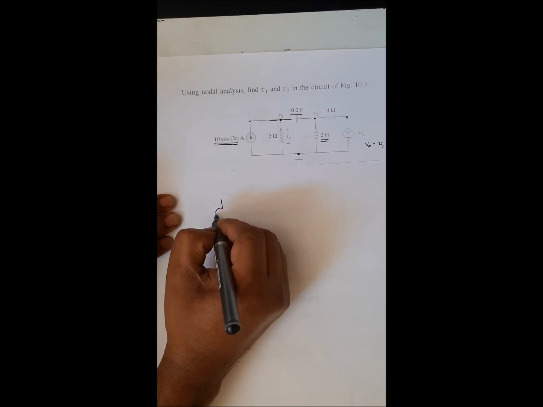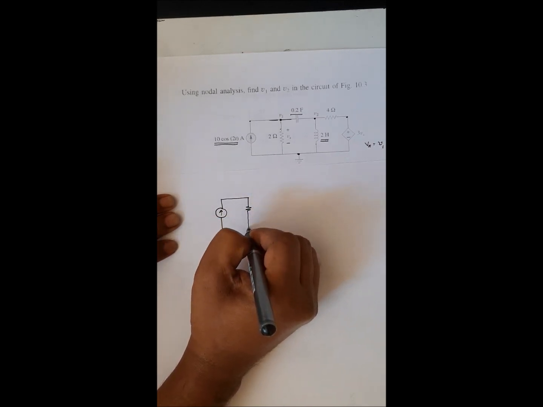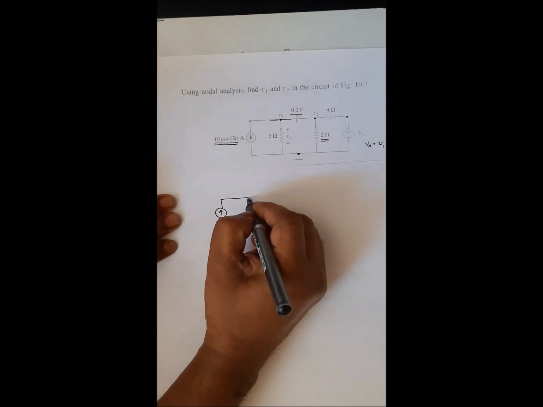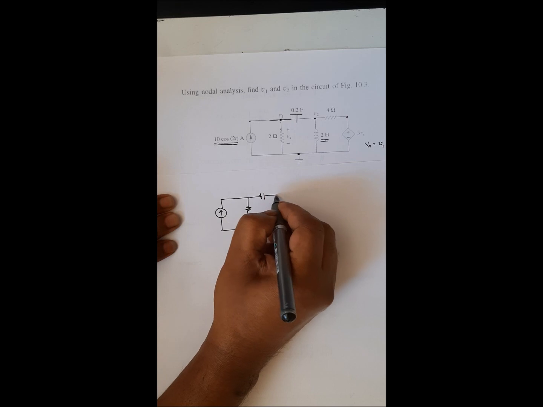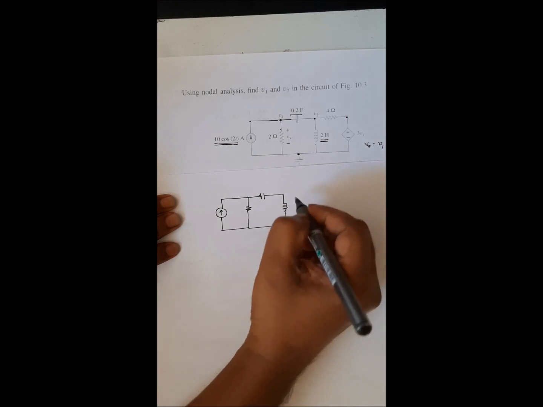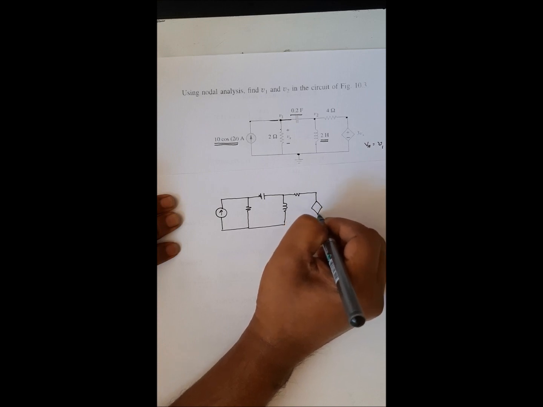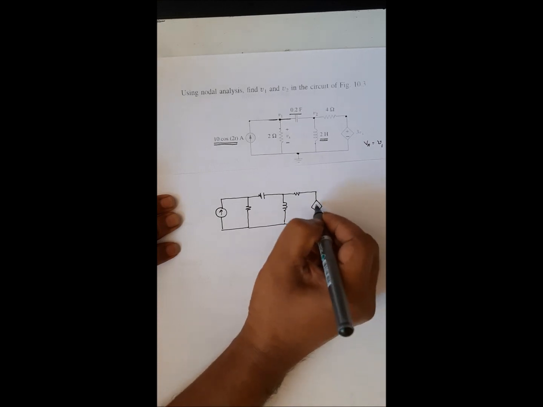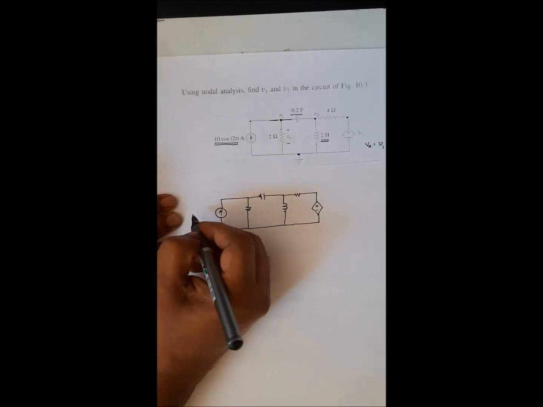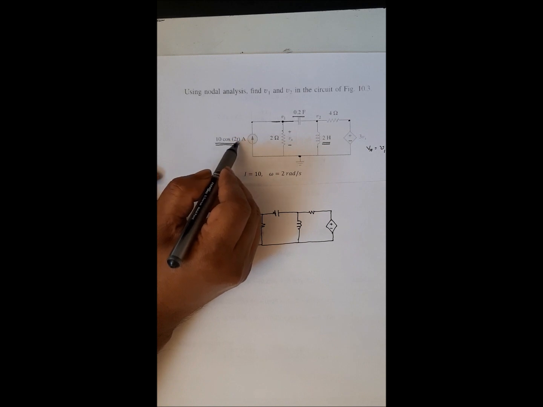If I convert this circuit to frequency domain, you will see here: we have 10 cosine 2t.